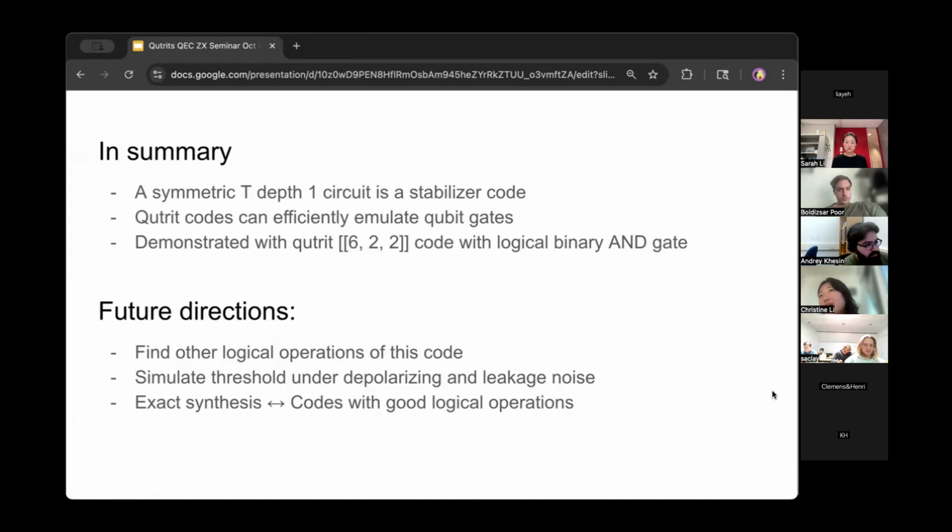Have you also looked into Cody Jones' PhD dissertation? There's a bunch of circuits there that look quite similar, but without the qutrit interpretation. I think the name sounds familiar, but I don't remember.